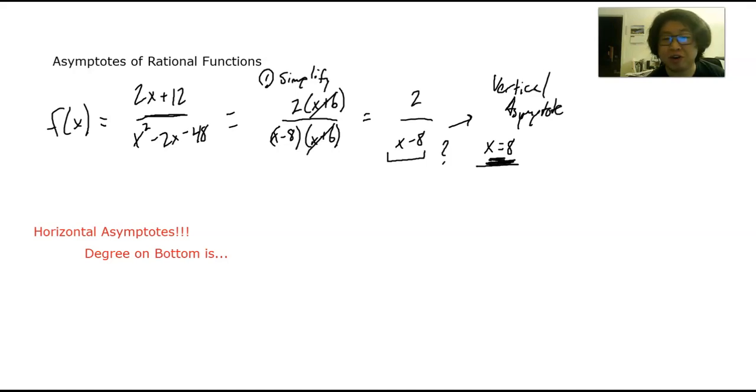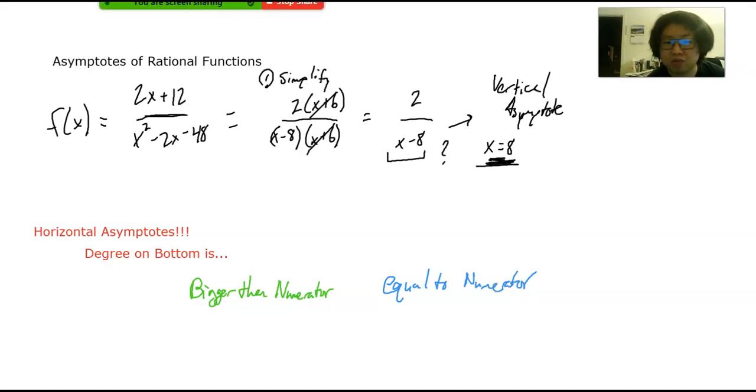When I talk about the degree on the bottom, I'm going to have 3 different types of rational functions, based on whether the degree on the bottom is bigger than the numerator, equal to the numerator, or the last case, less than the numerator. Remember when we talked about degrees, we're talking about the highest exponent.